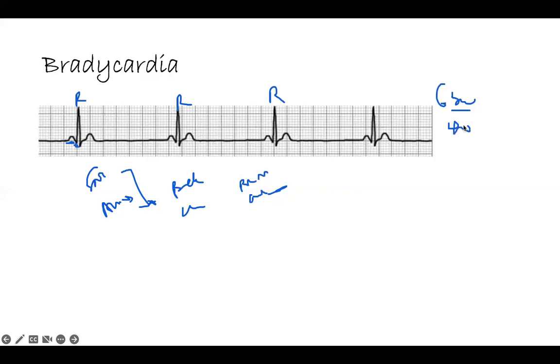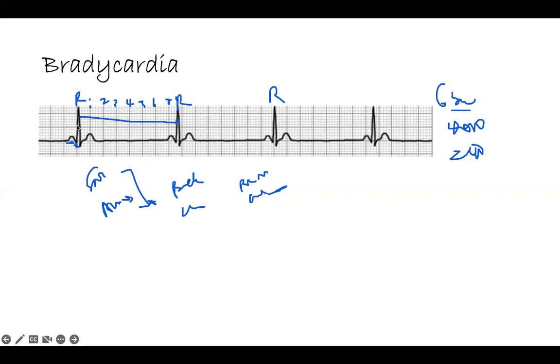So 4 times 10, that will be 40. But I did not tell you that. So you calculate the big R, the small R's before this, the big line between the 2 R's, you count it. So this is 1, 2, 3, 4, 5, 6, 7, 8.